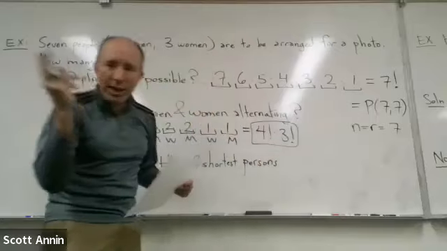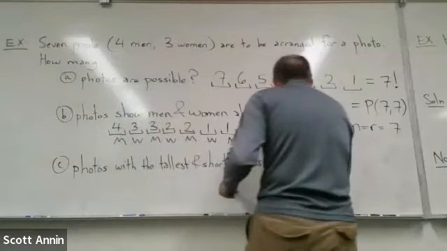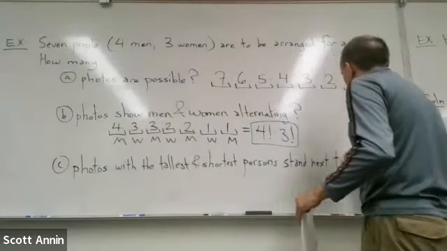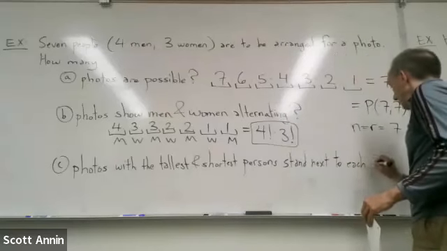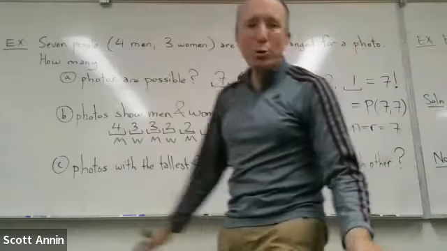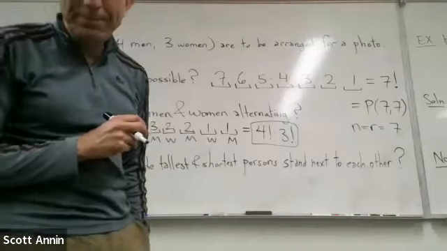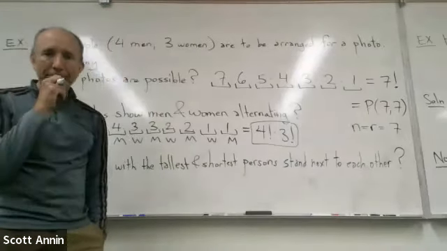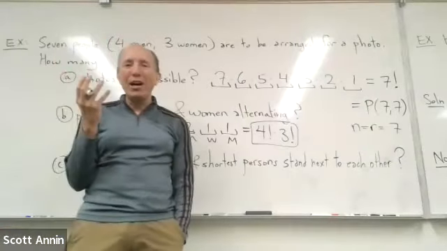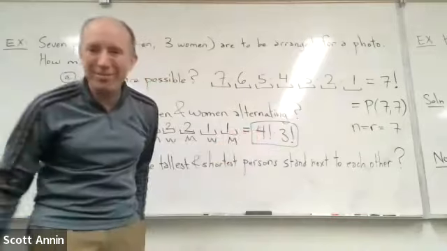So the tallest person and the shortest person among the 7 people stand next to each other. Let's suppose that they have to stand next to each other. So we can identify who these people are before we even set anybody up for the photo, yeah?